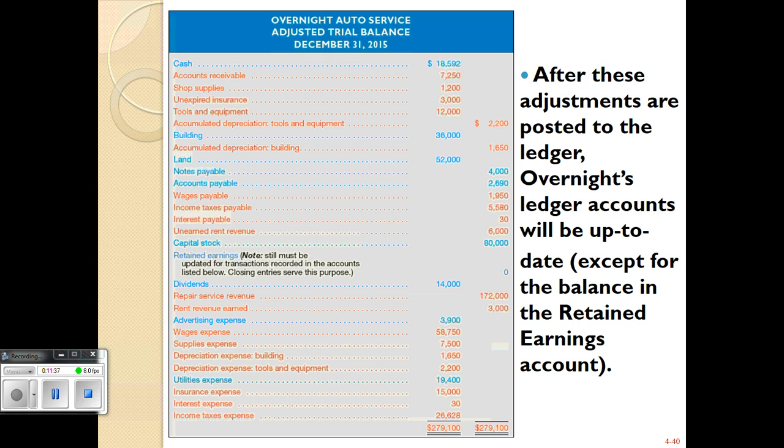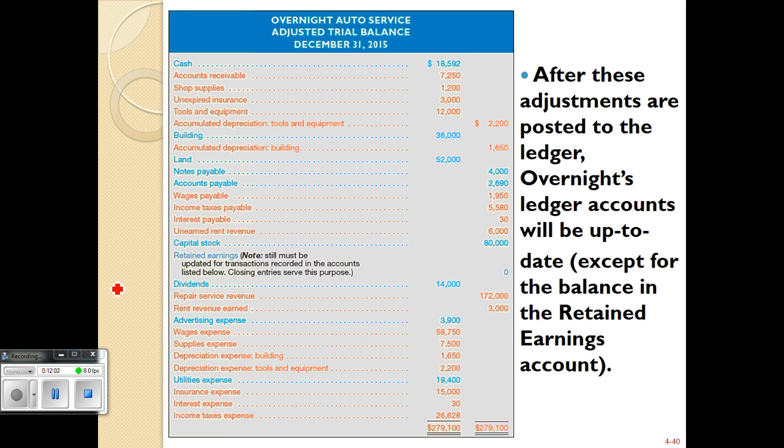Notice all of the items in red. All of the items in red are going to be items that are impacted by my adjusting entries.